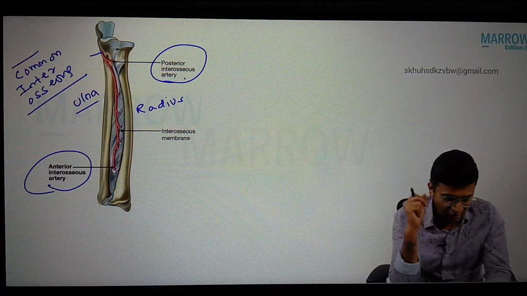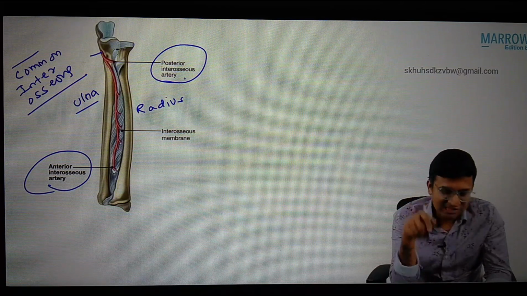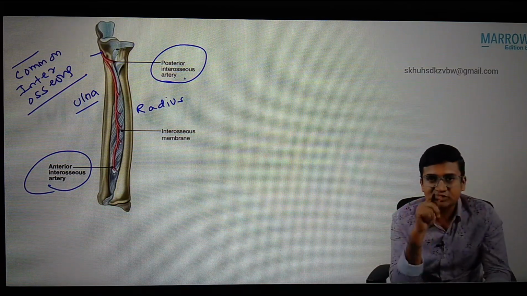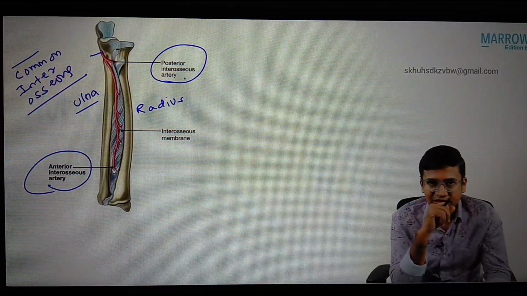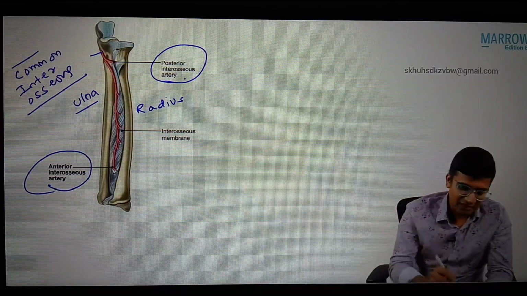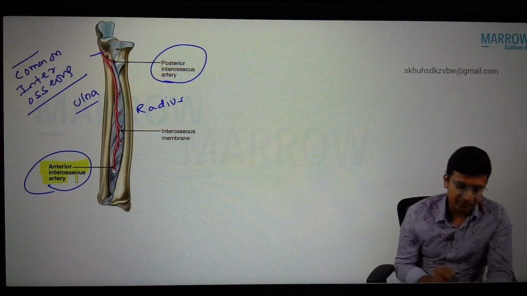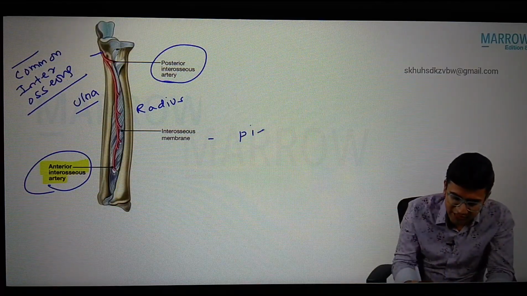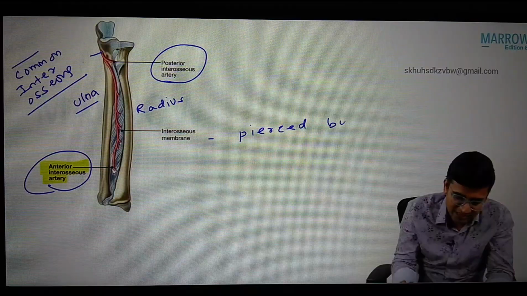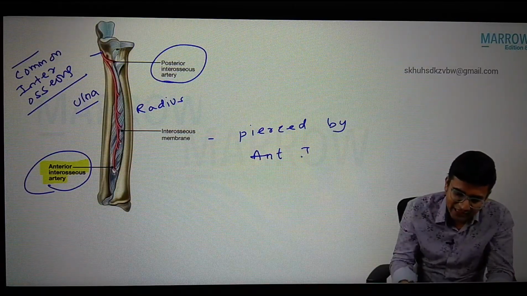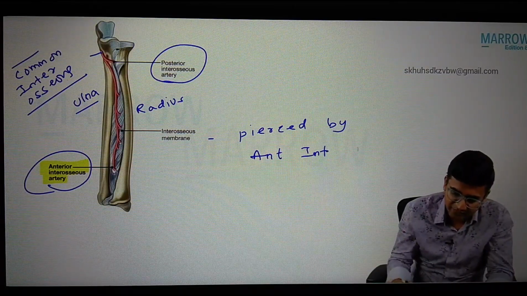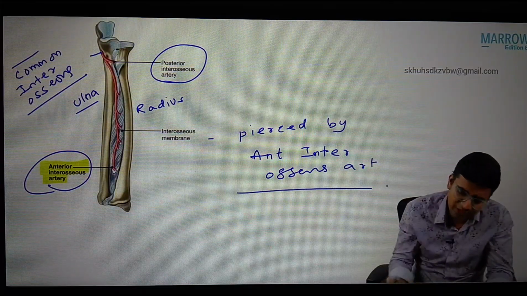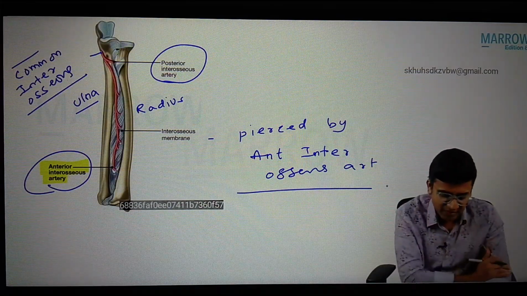Now one more detail in this image: the interosseous membrane between the radius and ulna is pierced by only one structure. What is that? Our anterior interosseous artery. It is the only structure which pierces the interosseous membrane. Very old PG entrance question, NEET exam question.